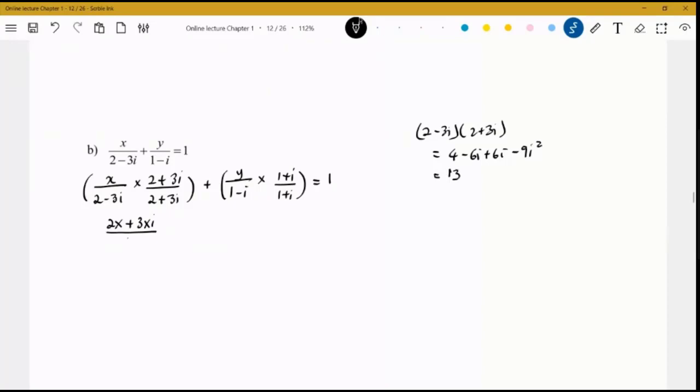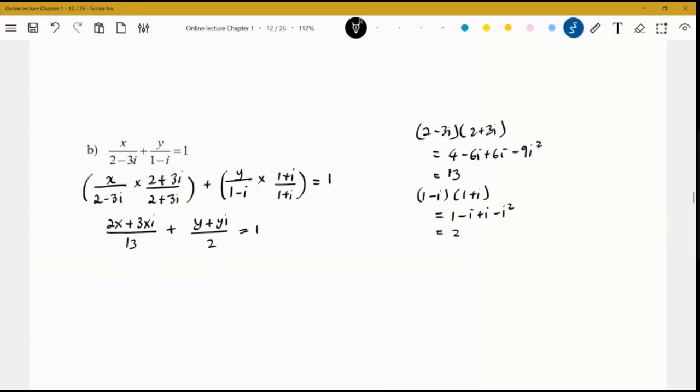Okay, so here will be 13. Okay, end up atas adalah y plus yi bahagi dengan 1 plus i, 1 minus i, 1 minus i plus i minus i square. So tengah-tengah hilang. So di sini adalah negative 1 jumpa negative will be positive. So end up 2 equal to 1.